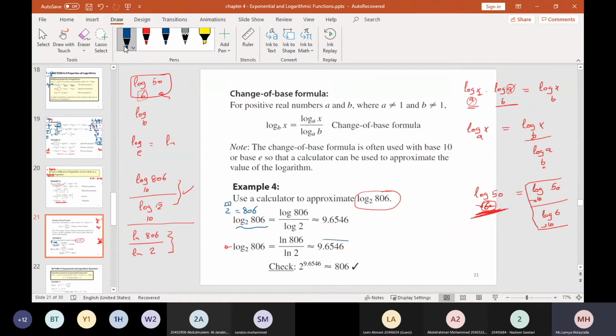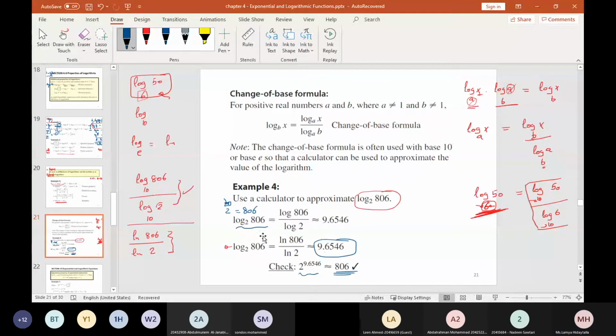So what is the power? This is the power. I want to make sure that my solution is correct, so I take it, substitute it here and evaluate 2 to this power. If you got 806, that means your solution is correct, using the calculator.